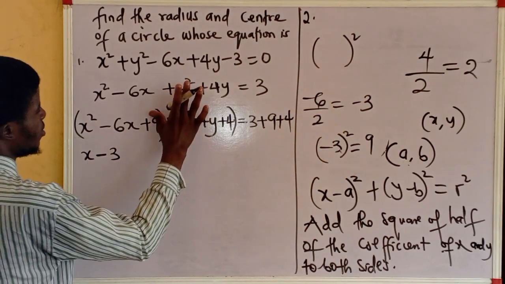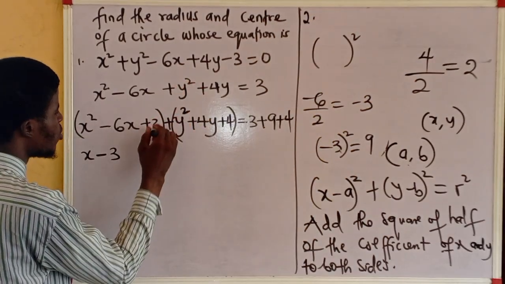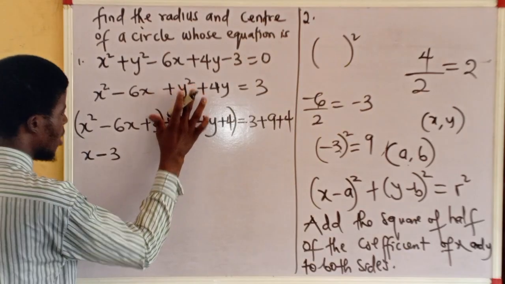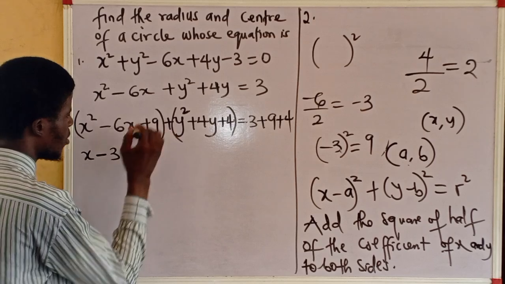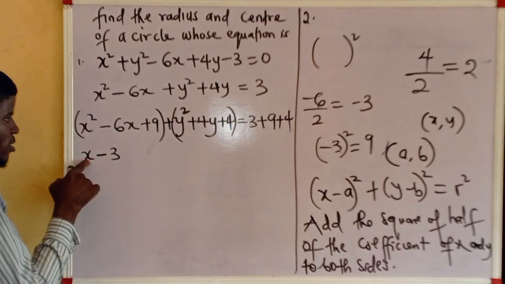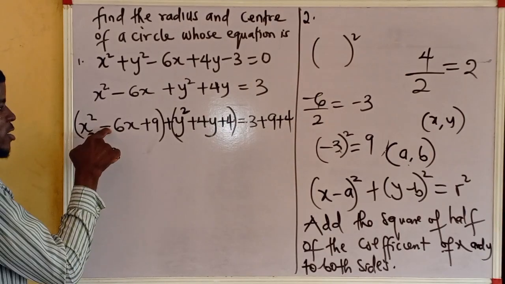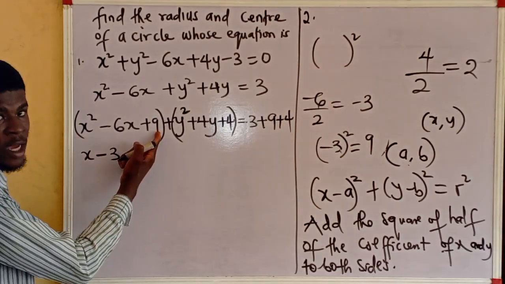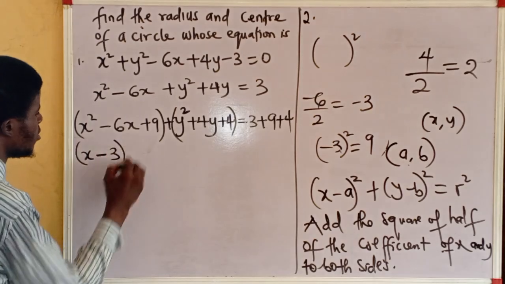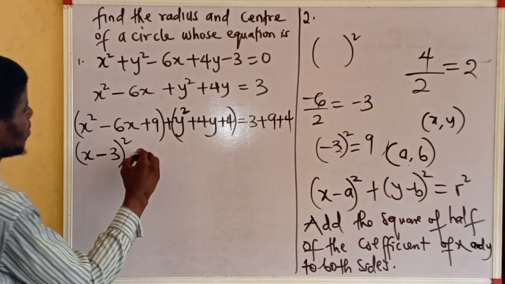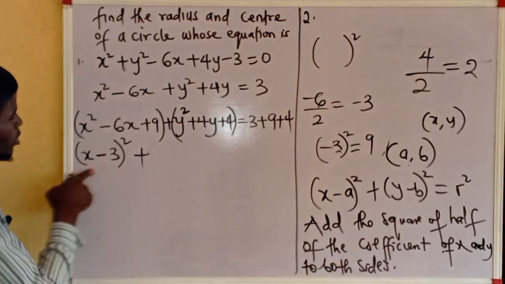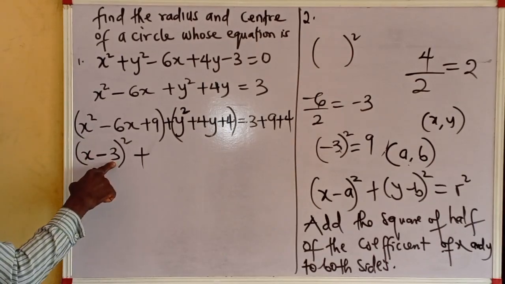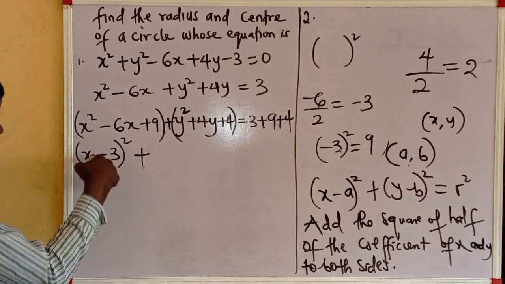I could have just said plus 3 squared. I'm not wrong, but let me use 9. So x, not the square now, x, take the sign of this middle term, which is minus, then take the square root of 9, which is 3, square it. Check: if we expand this expression, we're going to obtain everything here. x squared, 2 times x times minus 3 is minus 6x. Minus 3 squared is 9.